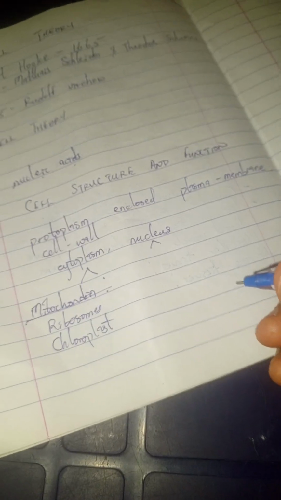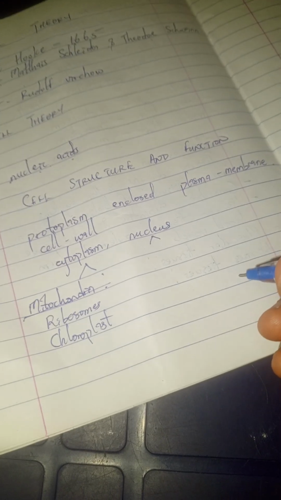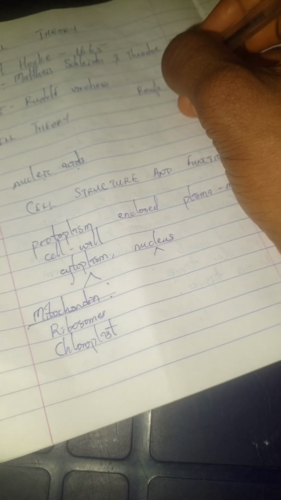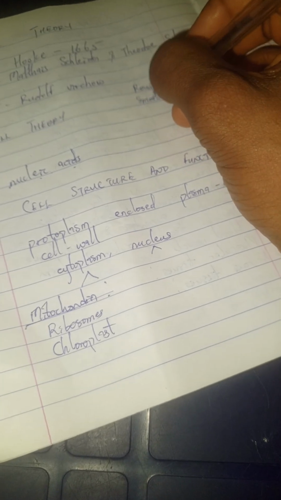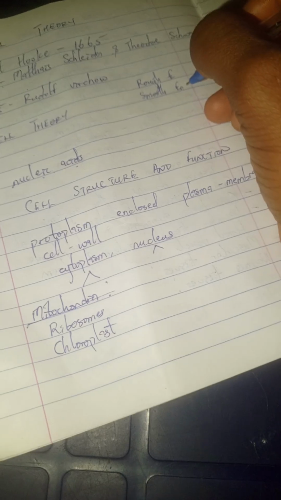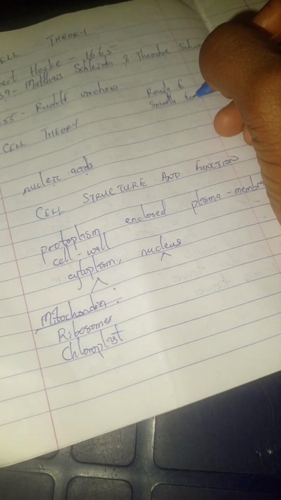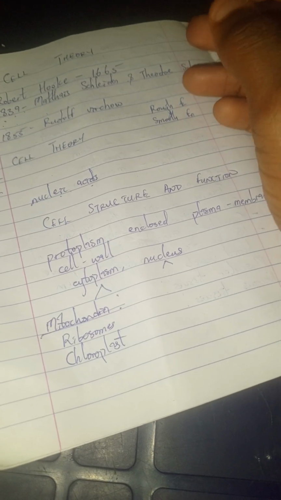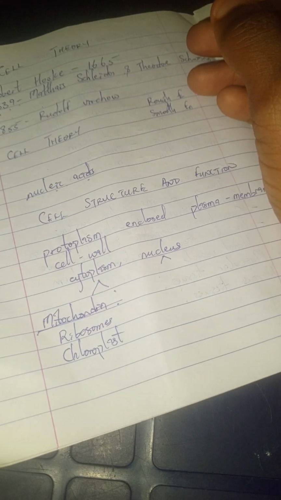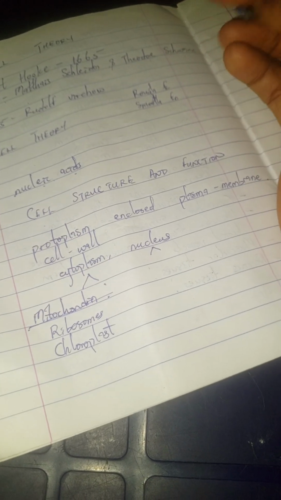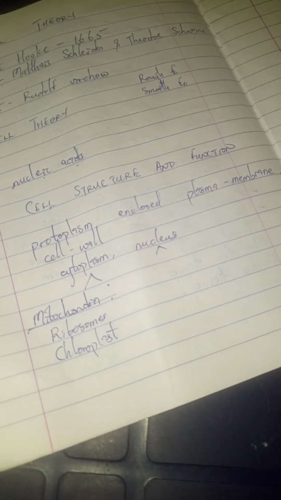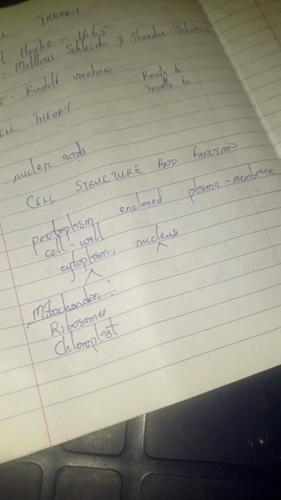We have two types of endoplasmic reticulum: the rough endoplasmic reticulum and the smooth endoplasmic reticulum. The rough endoplasmic reticulum is the one that has ribosomes attached to it, so it transports the proteins around the cell body. So this is where we will end this class.